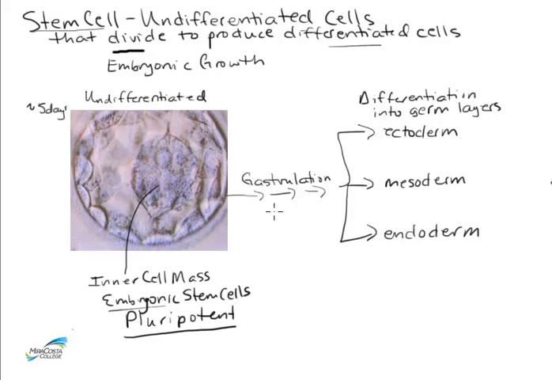But again, what's causing the cells to be undifferentiated at this stage of development, but differentiated at this stage of development, are the sets of transcription factors, and therefore the sets of genes that are being expressed at these different stages.